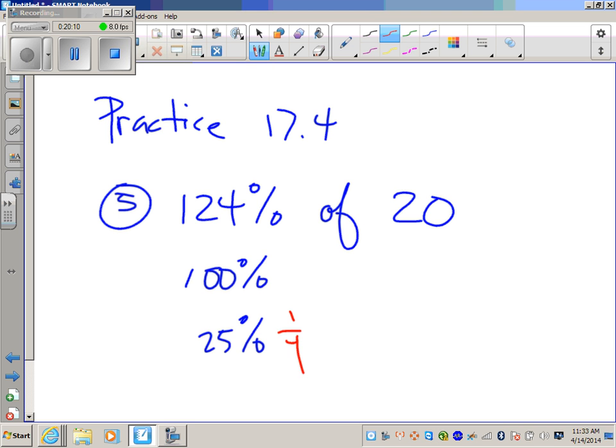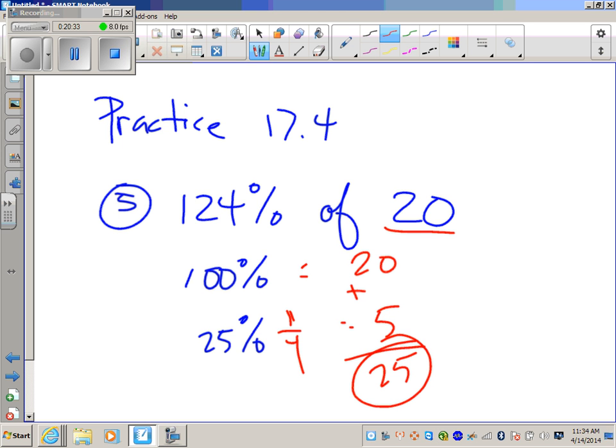So we said that 25% is 1/4. What number closest to 20 is divisible by 4? Is 20 divisible by 4? What is it? 5. How many 5s do I need? So that's a 5. Then, what's 100% of 20?